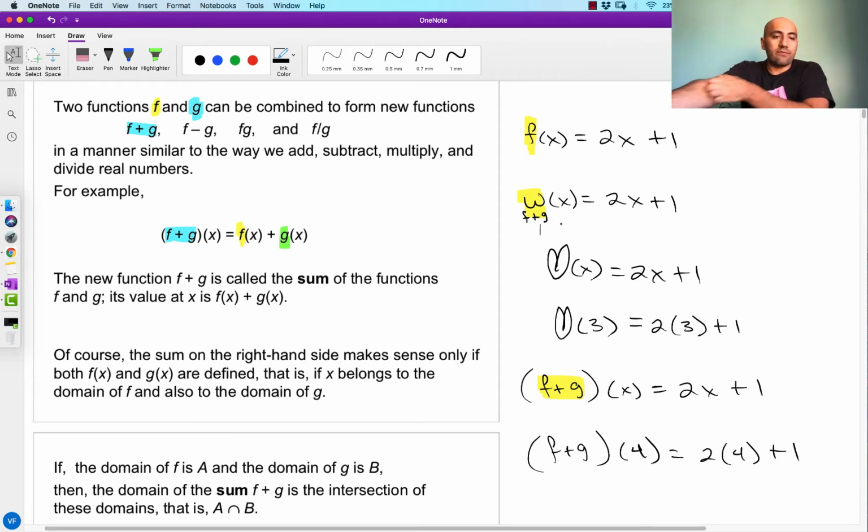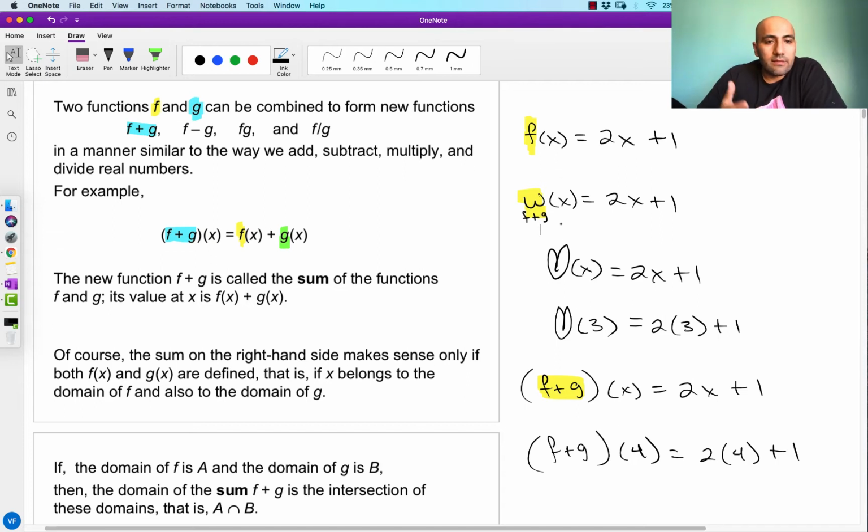Okay, so it's a function. The new function f plus g is called the sum of the functions f and g, and its value at x is f of x plus g of x. Of course, the sum on the right-hand side makes sense only if both f of x and g of x are defined. That is, if x belongs to the domain of f and also to the domain of g, right?